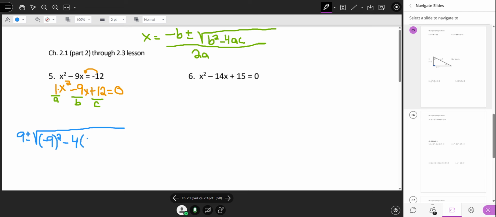A is 1. We can ignore anything that's positive 1. C is 12, divided by 2a.